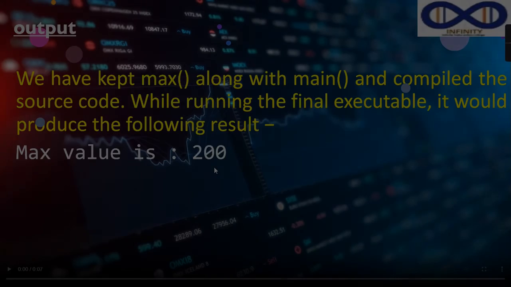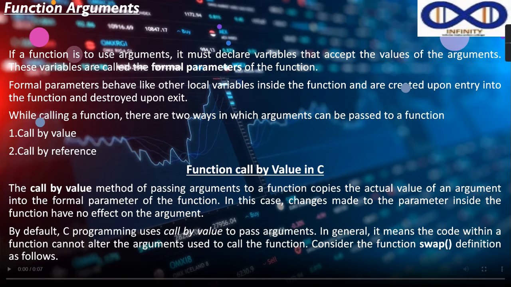Function arguments. If a function is to use arguments, it must declare variables that accept the values of the arguments. These variables are called the formal parameters of the function.